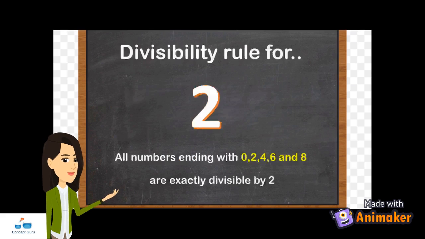So the divisibility rule for 2 is: all numbers ending with 0, 2, 4, 6 and 8 are exactly divisible by 2. So remember this and let's go ahead.